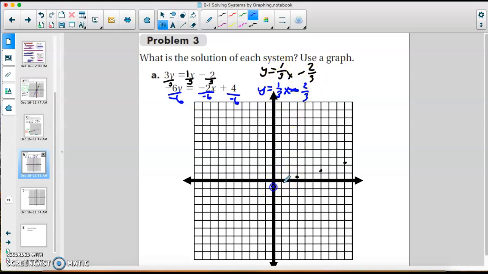And so my points are going to be the same exact points, and my line will be the same exact line for both of them. So how many solutions do I have? How many times do they intersect? Well, they intersect infinitely many times. So infinitely many solutions. Anytime your lines are the same exact lines, it's infinitely many solutions.